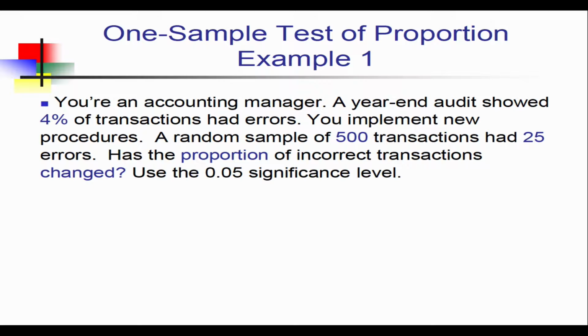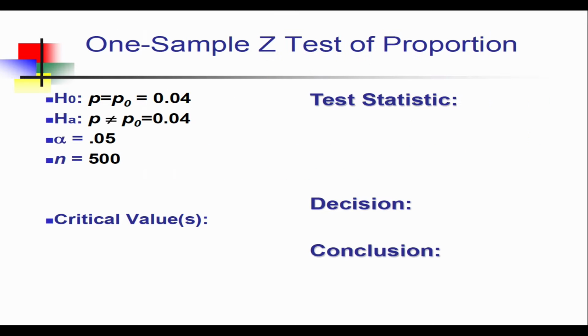So back to this accounting problem, we have the null hypothesis, P equals 4%. The alternative hypothesis, it doesn't equal 4%. We know the significance level is 5%. The number of trials is 500.